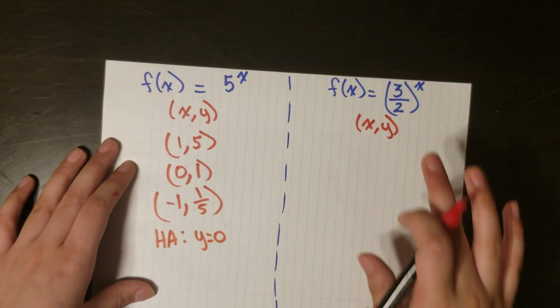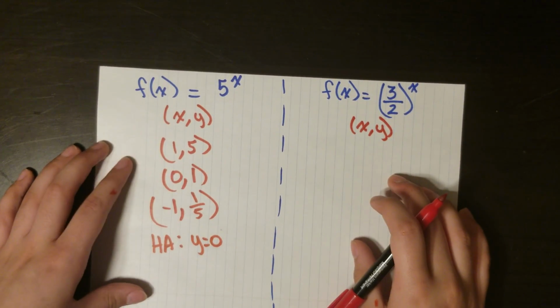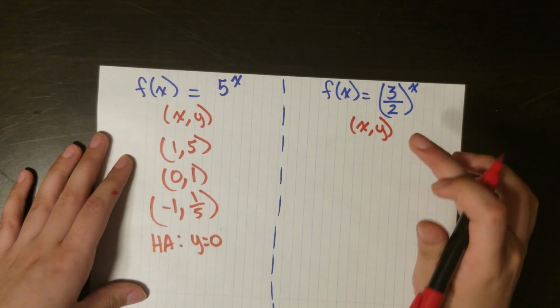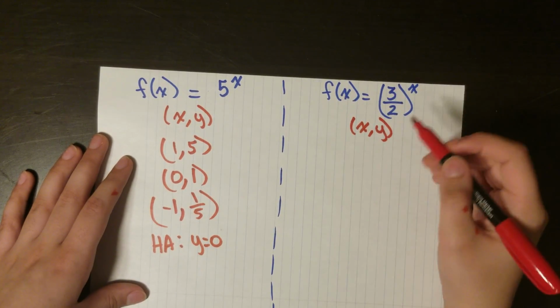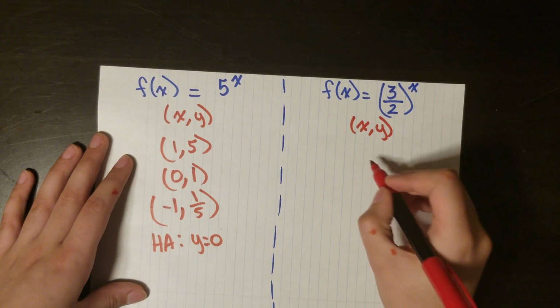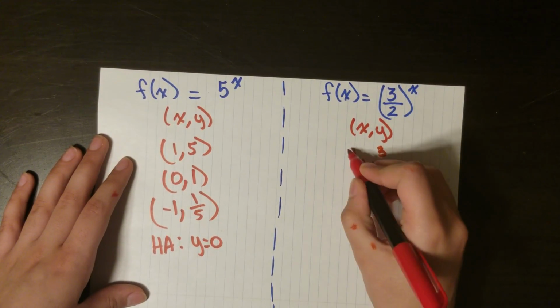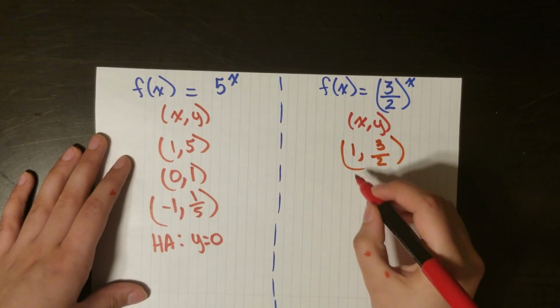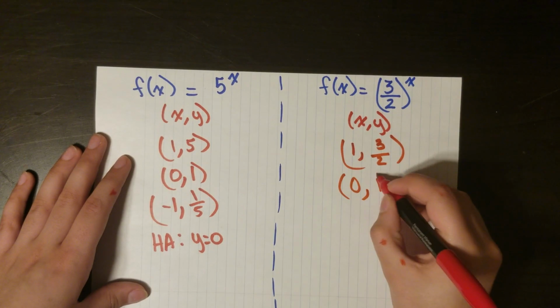Now let's look at this one, where I have a fraction. When I have an exponent of 1, my y value is just my base. When I have an exponent of 0, anything to the exponent of 0 is 1.